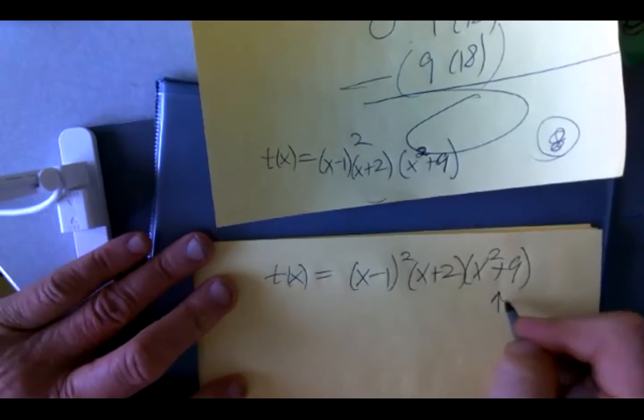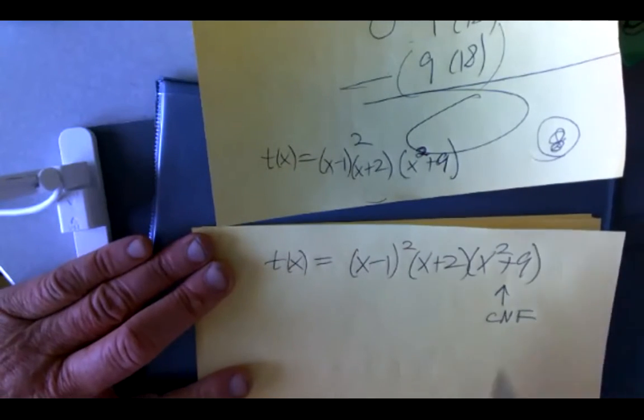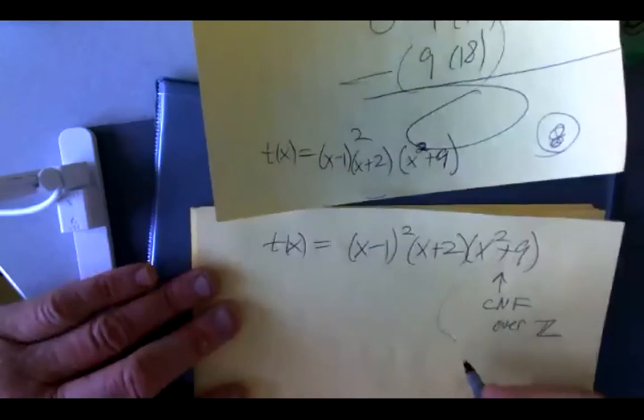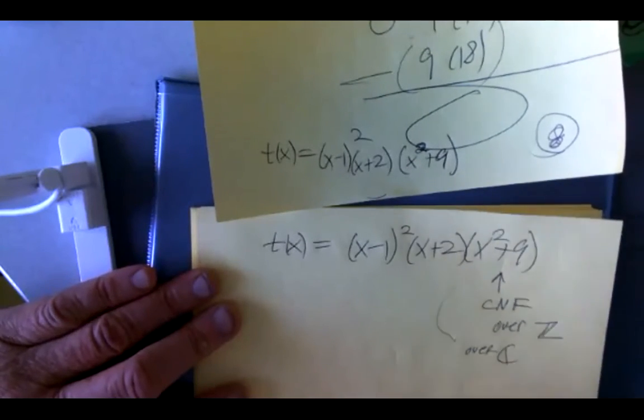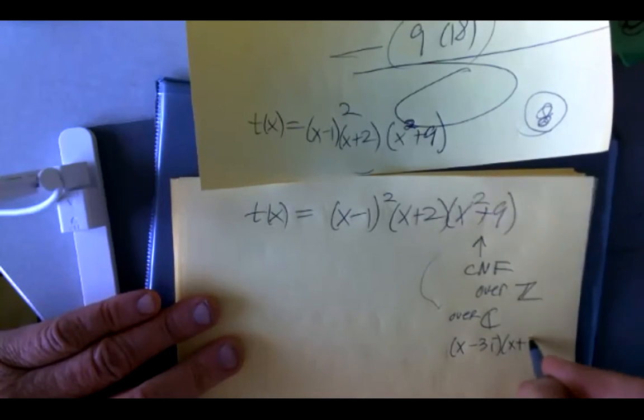In other words, they'll often say this is CNF, cannot be factored over Z. This factors over C. This actually factors as (x minus 3i)(x plus 3i).